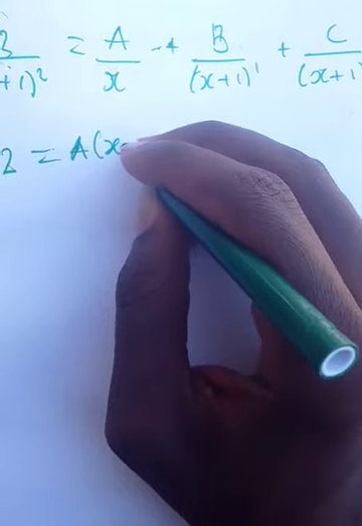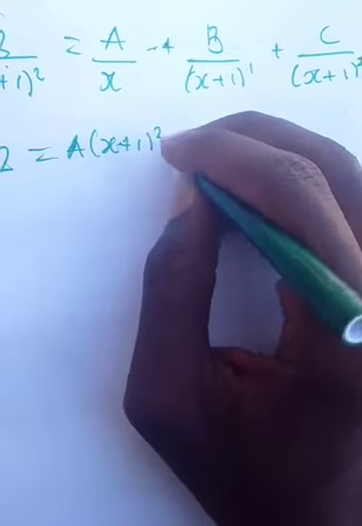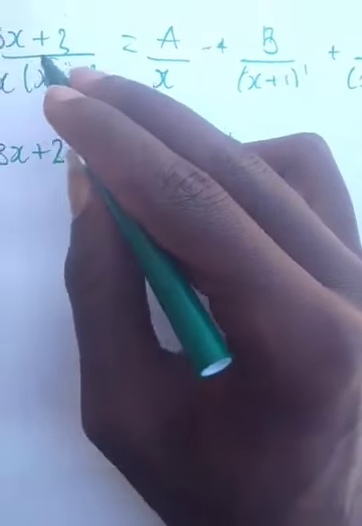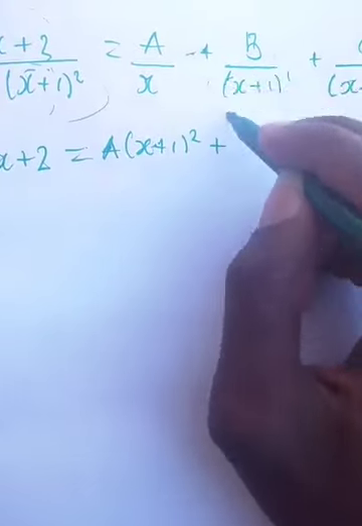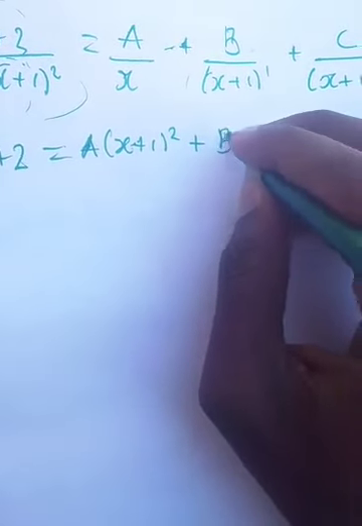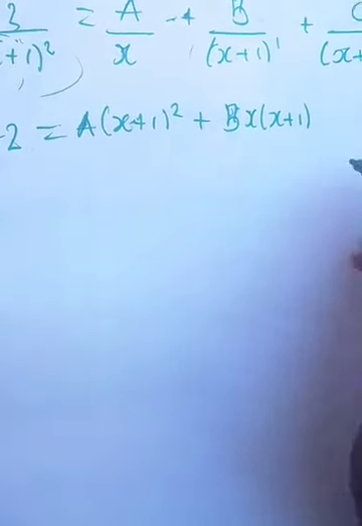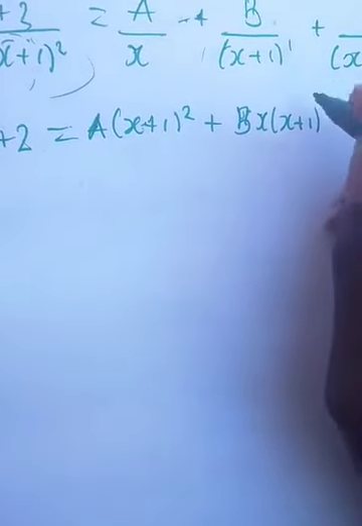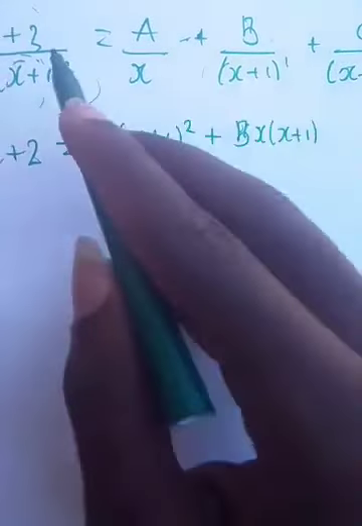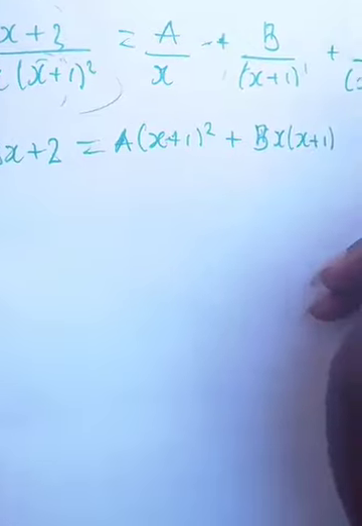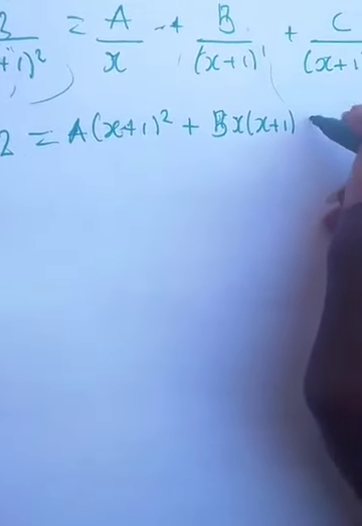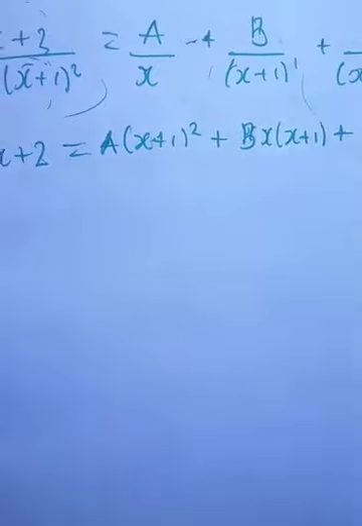When I multiply this denominator with this whole fraction, it's going to be b(x plus 1), right? And then when I multiply this denominator with this whole fraction, it's going to give us plus c. For this one, it's just going to be cx because this is going to be cancelled out with this one.